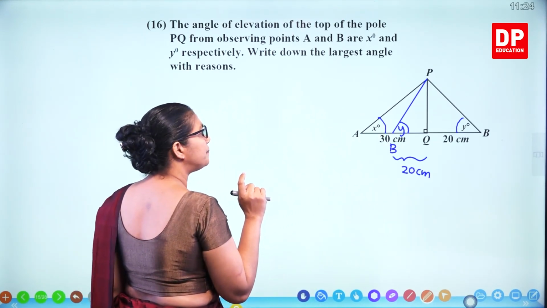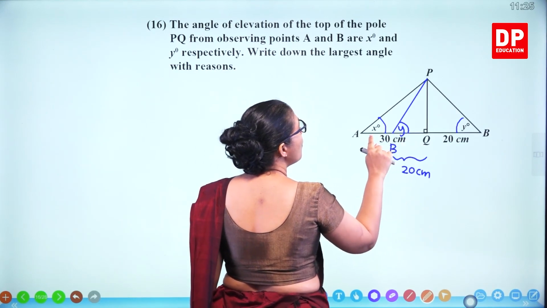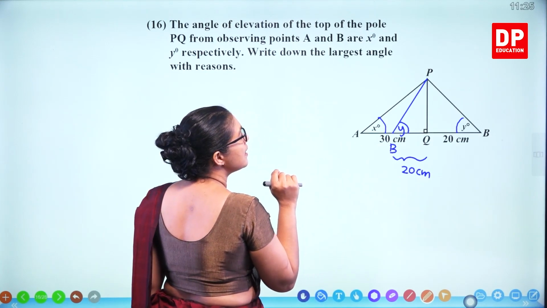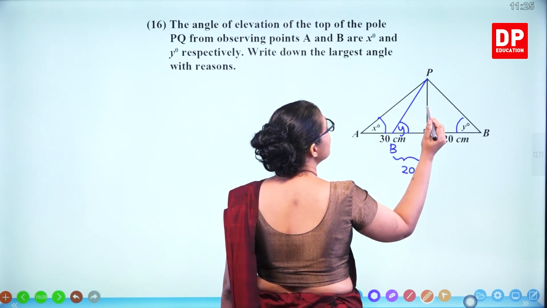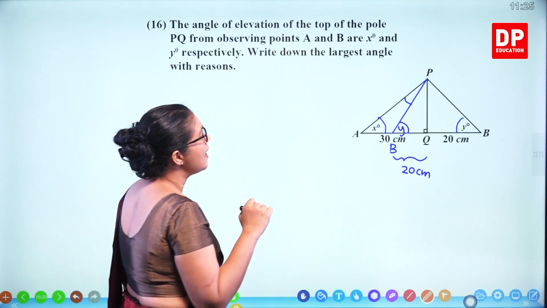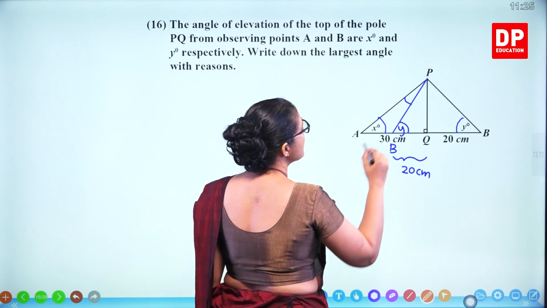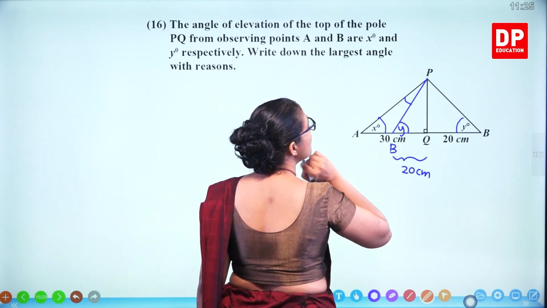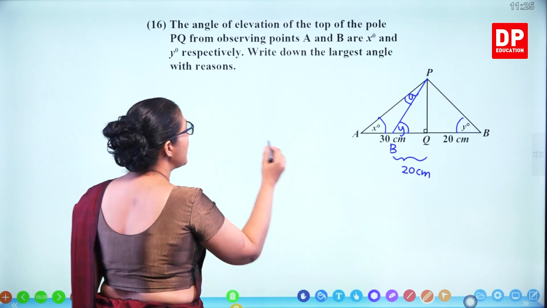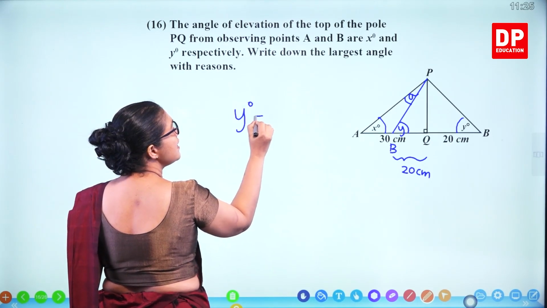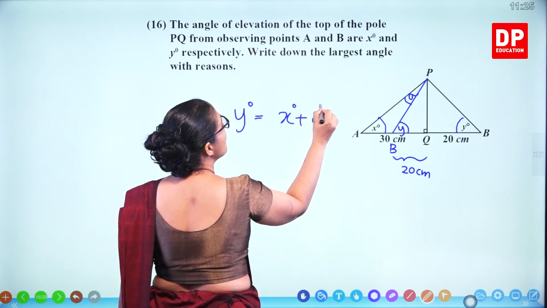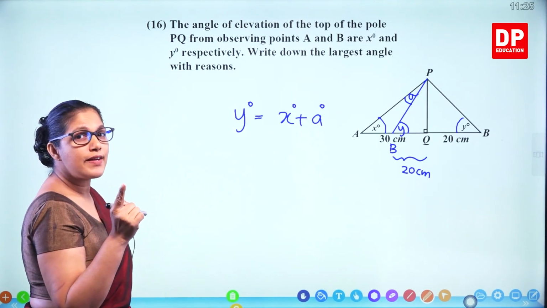Or you can say, now if this is X and this is 90, what is this angle? You can say Y minus X. This is the sum. So this angle will say A or something. So we can say Y angle is X plus A. Adding A degrees to that.